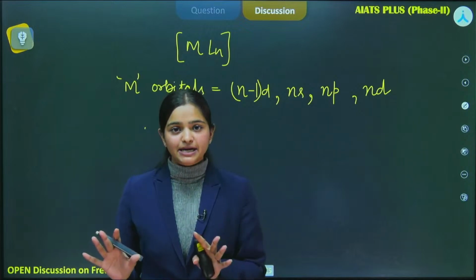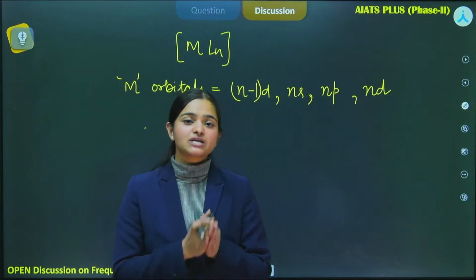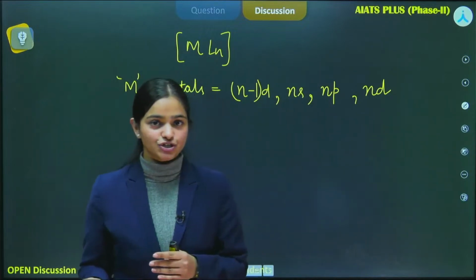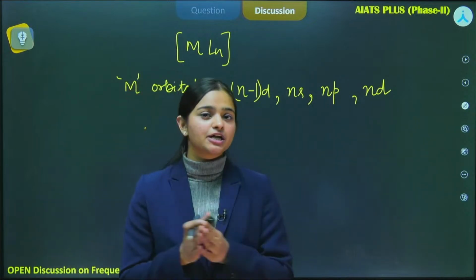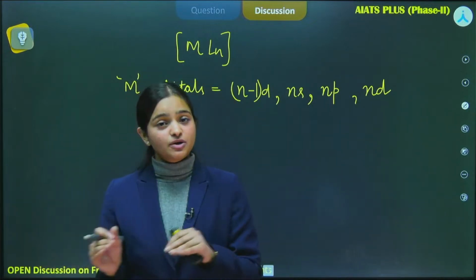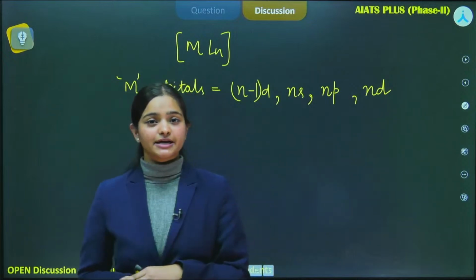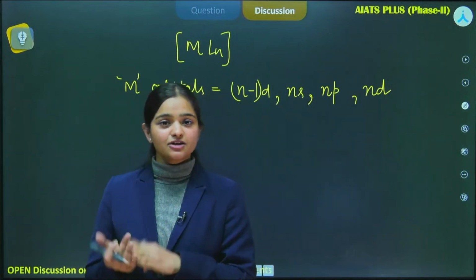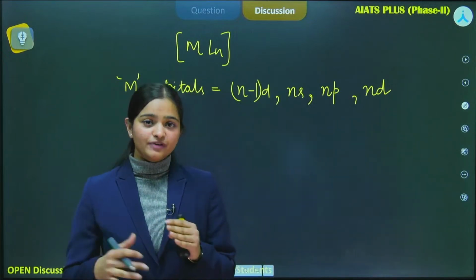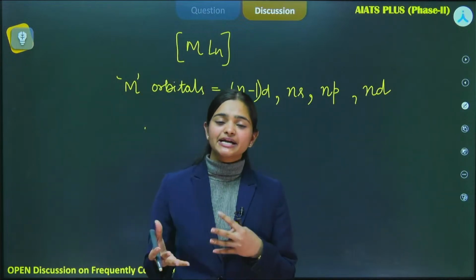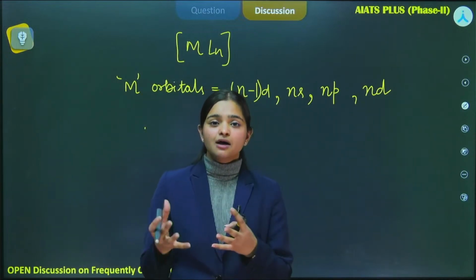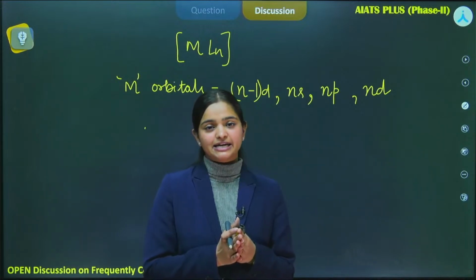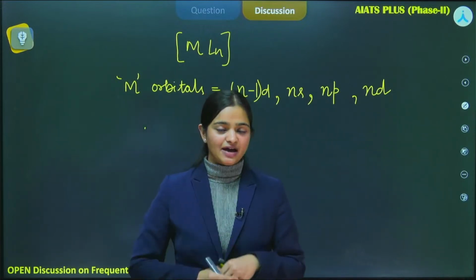This concept should be clear. And the second part which was asked was of magnetic nature. Quantitative interpretation of magnetic data was a major limitation of valence bond theory, which was overcome by crystal field theory. Though we could correlate the magnetic nature of the complex, the quantitative part of the magnetic data was not covered under valence bond theory.